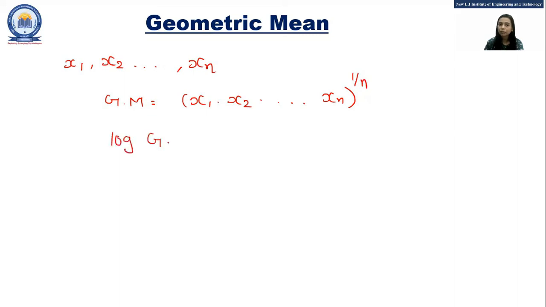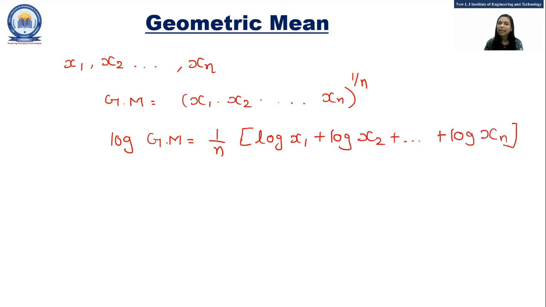We can take the log on both sides. So log GM is equal to 1 by n times log x1 plus log x2 plus up to log xn. We can get the value of the geometric mean by taking the anti-log on both sides.